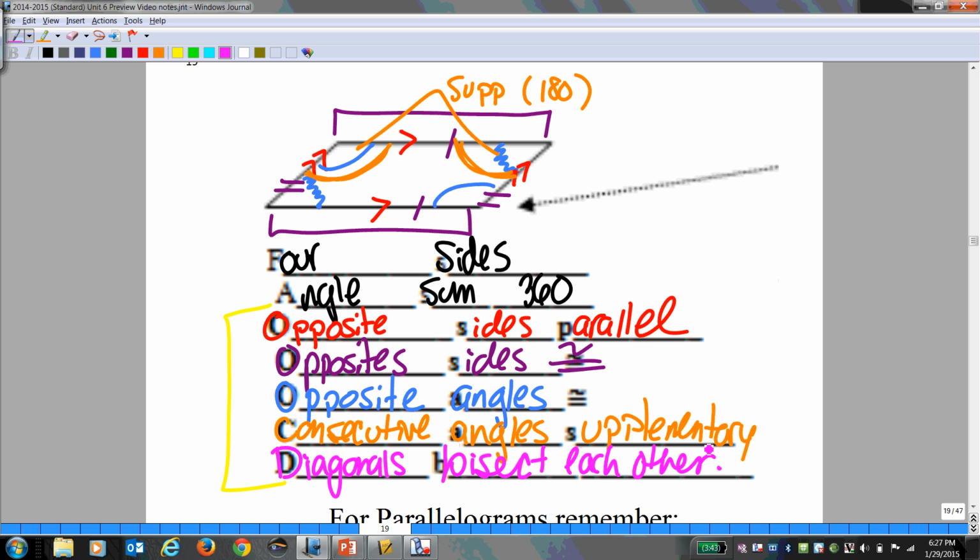The last one is that the diagonals bisect each other. The diagonal from this corner to this corner, and this corner to this corner, go through each other's midpoints. So that's a midpoint going both ways. We can put hatch marks here, double hatch marks there. It's not equal all the way around because one diagonal is longer than the other, but both diagonals are cut in half.